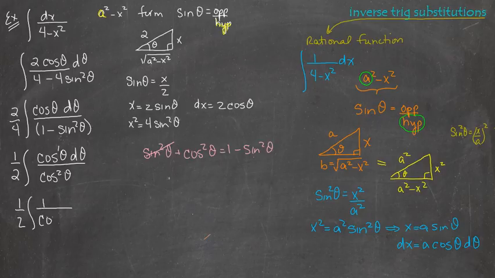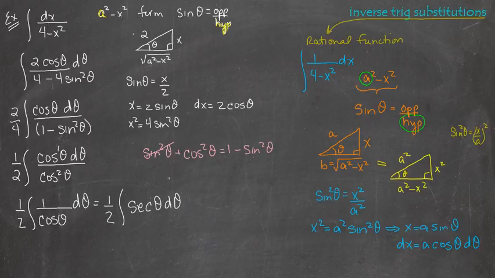That's 1 over cos theta d theta, which equals 1/2 times, I'm looking for the antiderivative of secant theta d theta. And the antiderivative of secant is not one we can arrive at on our own. It comes from a trig table, and you will find the antiderivative of secant theta on the extras tab on my web page, where I have some resources posted.